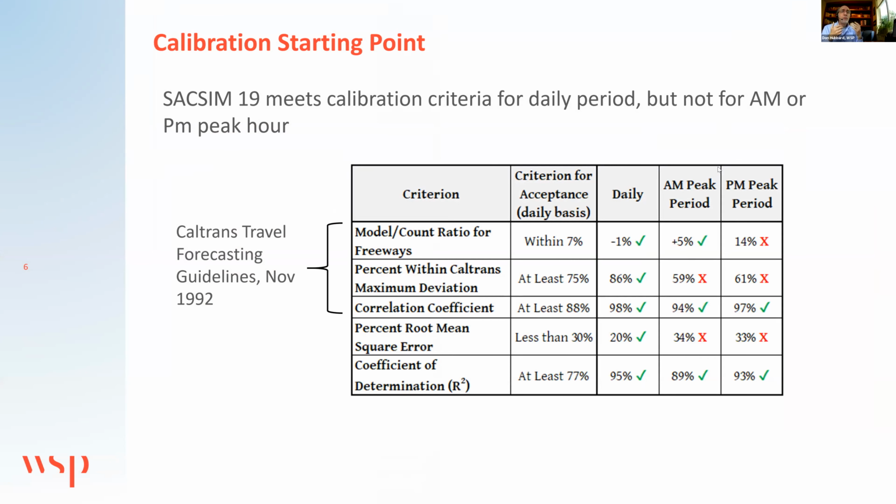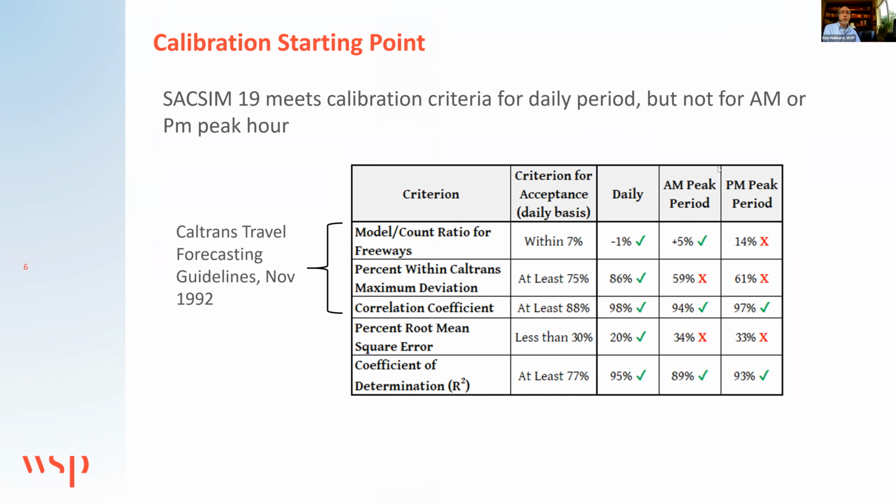Okay, so we checked SACSIM 19, as our starting point, against 5 different acceptance criteria. You can see what the acceptance criteria were, and that the model met the criteria on a daily basis. If you read through the SACSIM calibration, it says it's calibrated on a daily basis.